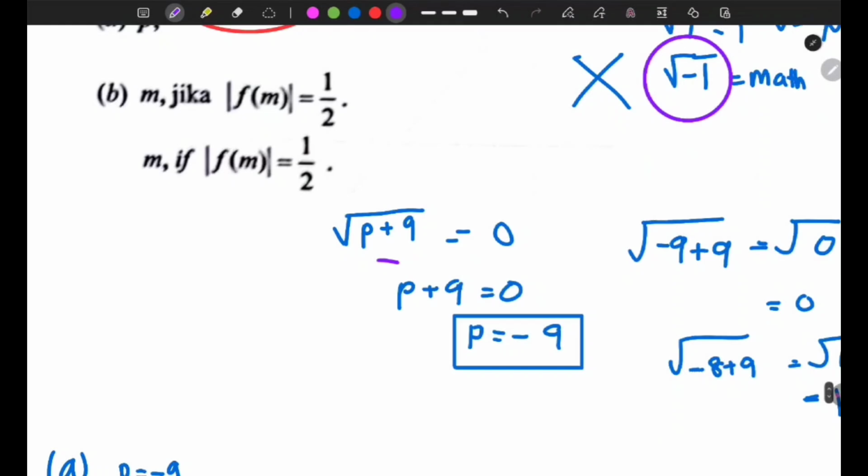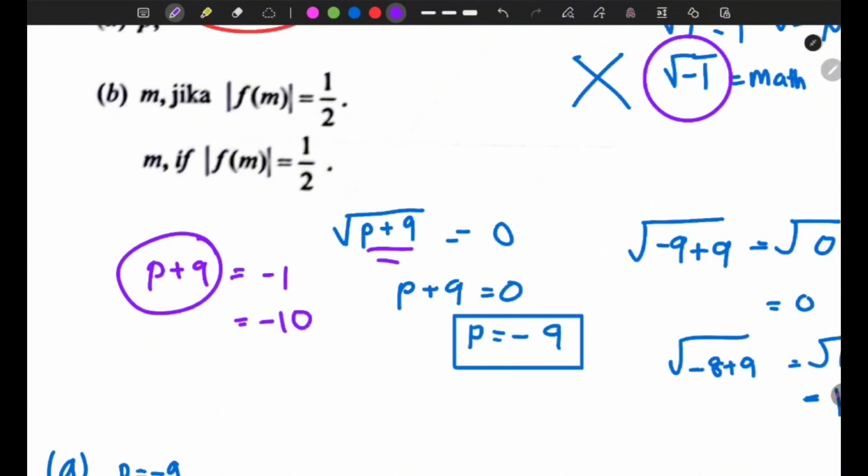The p cannot be a negative number, right? So what can make it negative? This p plus 9 square root, what can cause it to be negative? Maybe negative 1. What can it be? Negative 10.